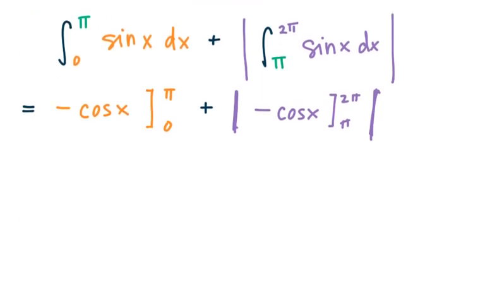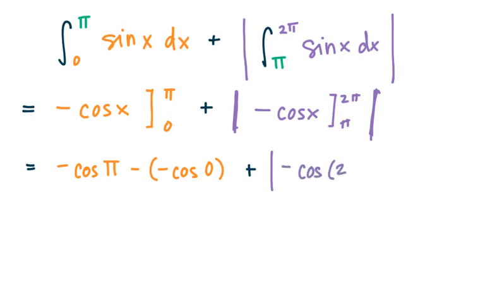So for the first piece, I end up with negative cosine of pi minus negative cosine of 0 plus whatever I get for this other piece. I've got negative cosine of 2 pi minus negative cosine of pi.